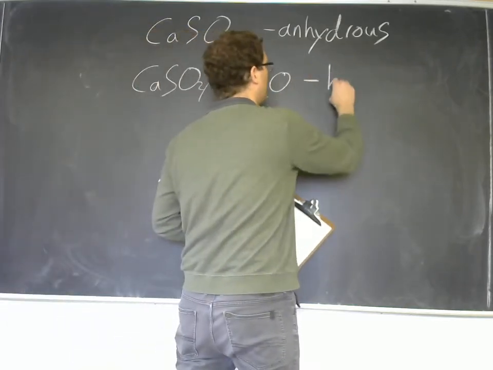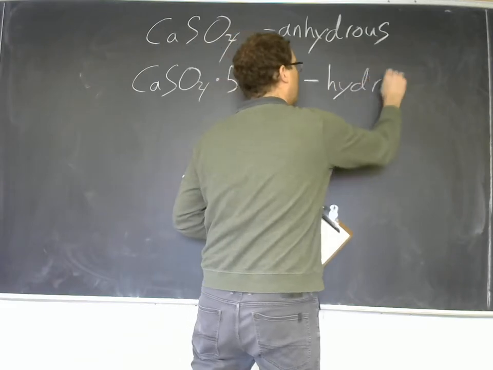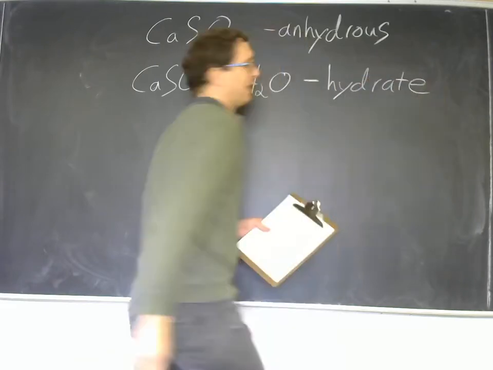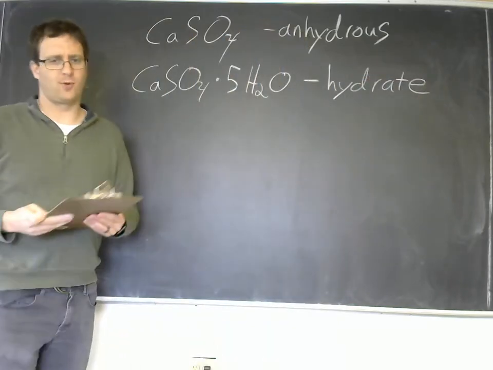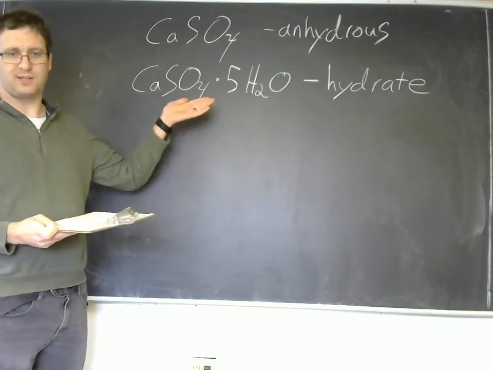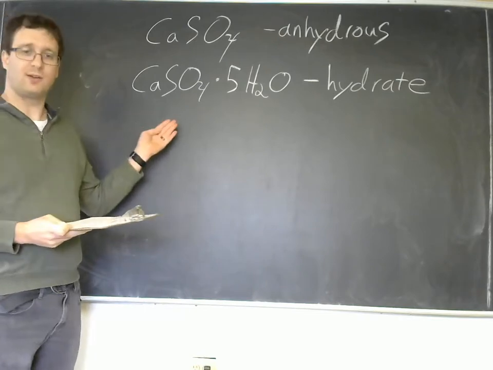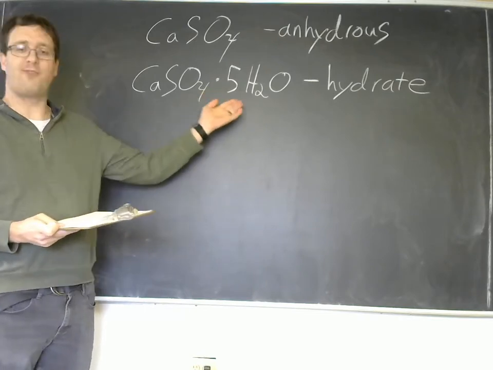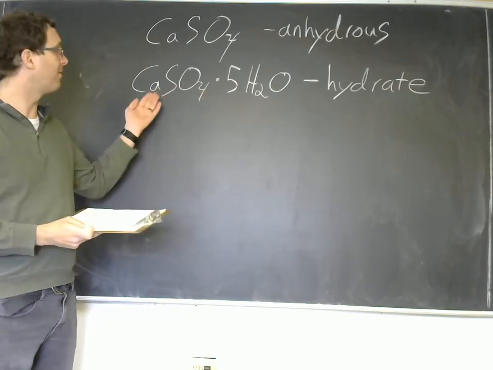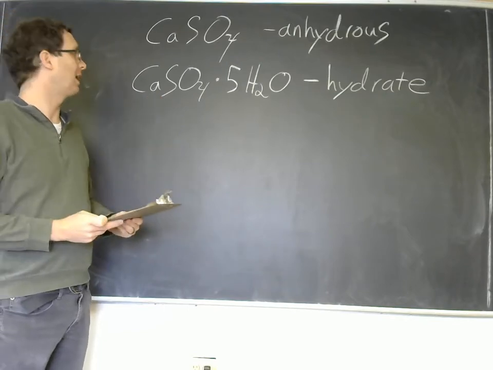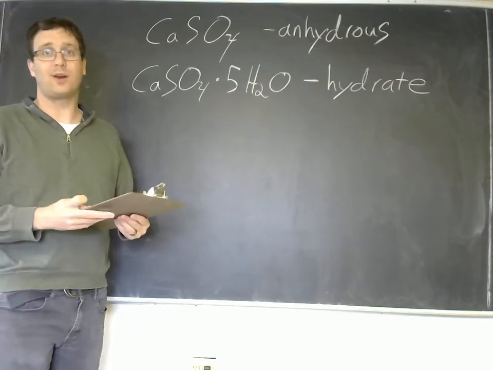So that's the anhydrous salt. This is the hydrate, or the hydrated form of the salt. And different salts will take different amounts of water. Calcium sulfate tends to grab 5 water molecules for every 1 formula unit of calcium sulfate, so really quite a lot of water.